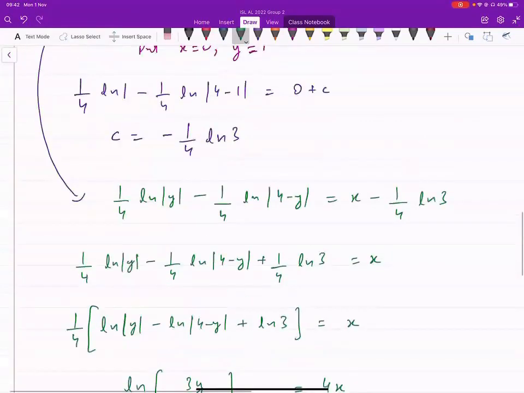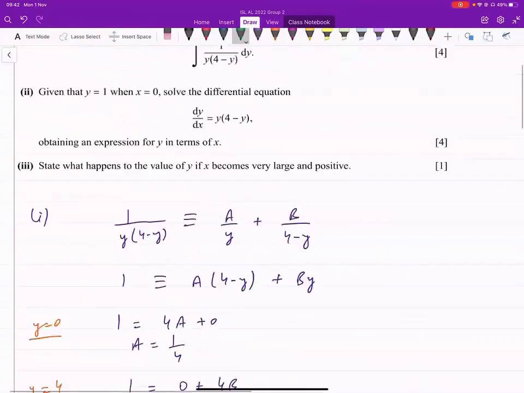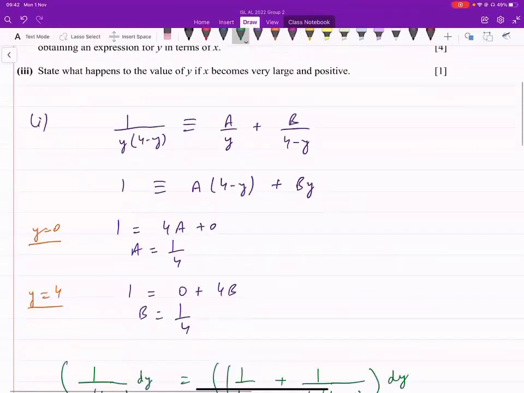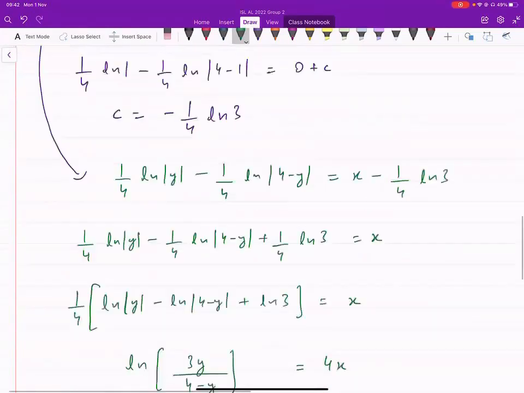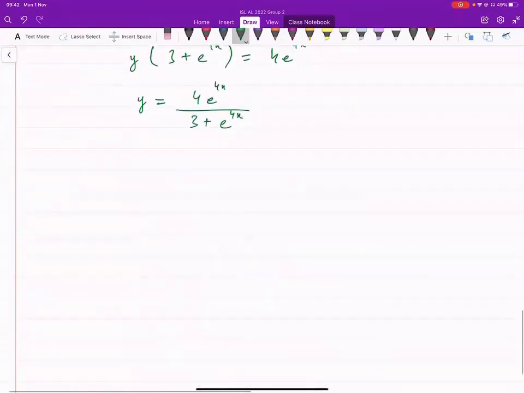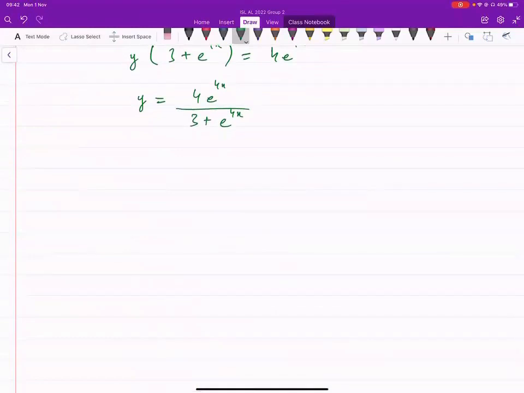Okay, now what does the third part say? State what happens to the value of y if x becomes very large and positive. Okay, let's go there. Numerator and denominator become equal. The numerator will have infinity, the denominator will have infinity.